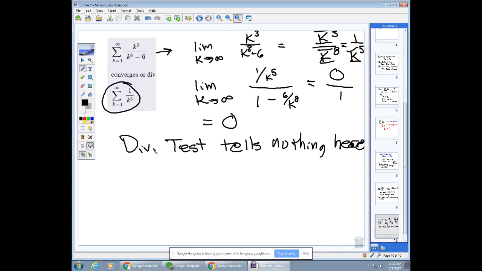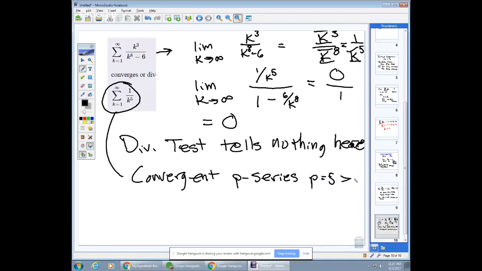That is a convergent p-series because p is greater than 1. My p is 5, which is definitely greater than 1, the requirement for a convergent p-series. So I'm hoping this converges too.